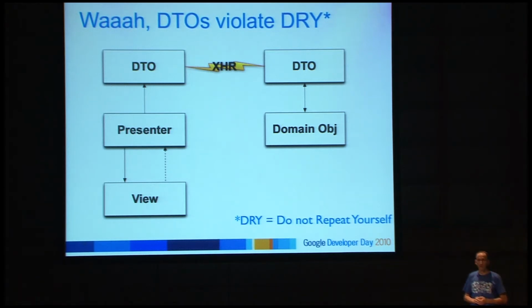The problem, though, is that on the server side you have domain objects, which are the real entities that you care about. These are the things that you persist to the database, like an employee record. And then you also have a very lightweight object, the DTO, which needs to be transferred to the client.